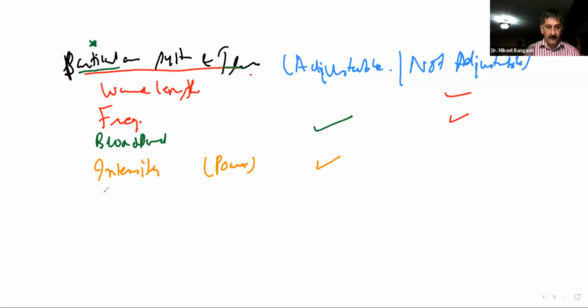The power is also going to be adjustable, and so is the amplitude. So they are all increased or decreased by increasing or decreasing, or adjusting, the power.